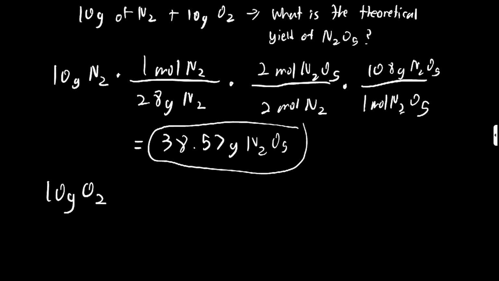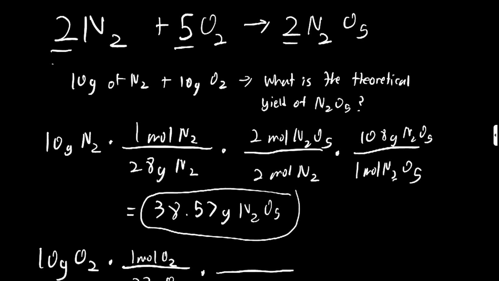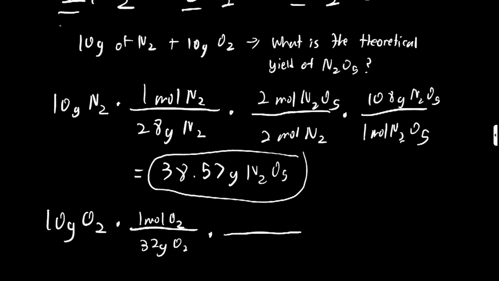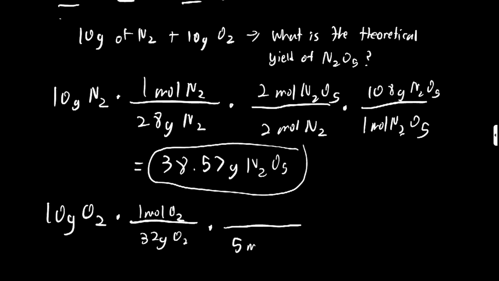Okay. 10 grams of O2, we're going to convert this to moles. 1 mole of O2 is 32 grams of O2. We're going to use stoichiometry to go from moles of O2 to moles of N2O5. So it's 5 moles of O2 to 2 moles of N2O5.